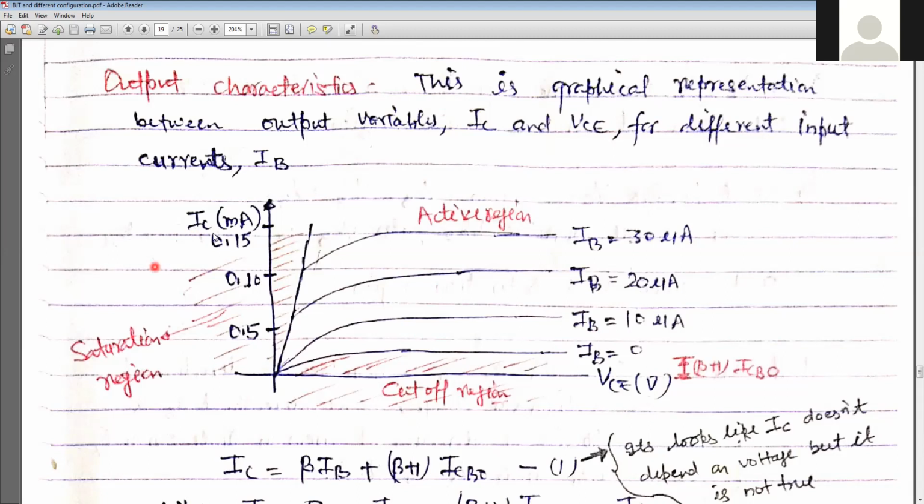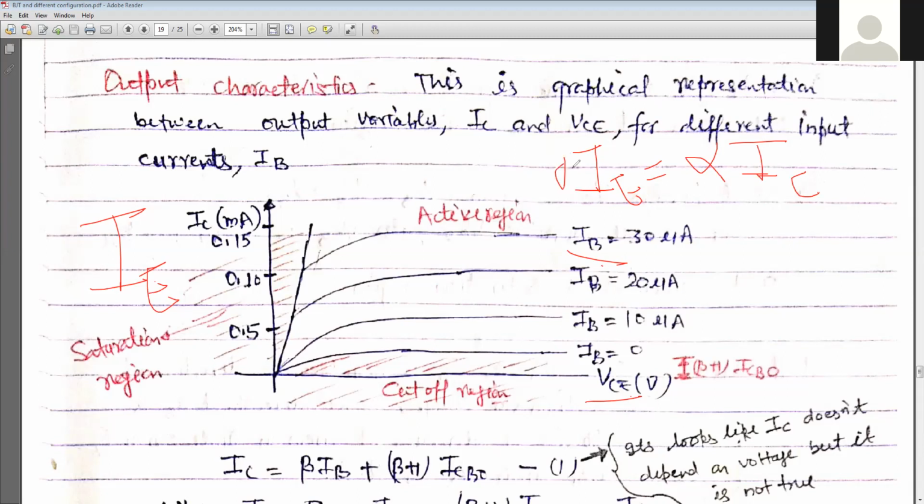You can see that in the common collector you have to draw the graph between IE and VC for different IB. But since there is a relation between IE and IC, that IC is equal to alpha IE. Okay, something is wrong here. Basically, IC should be alpha IE.